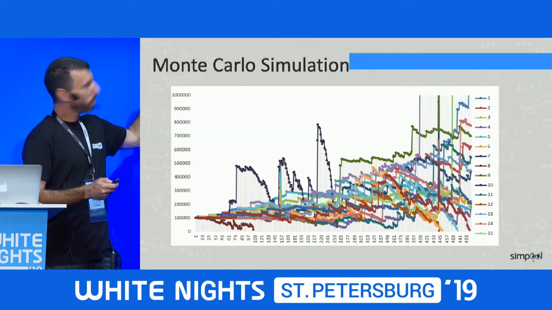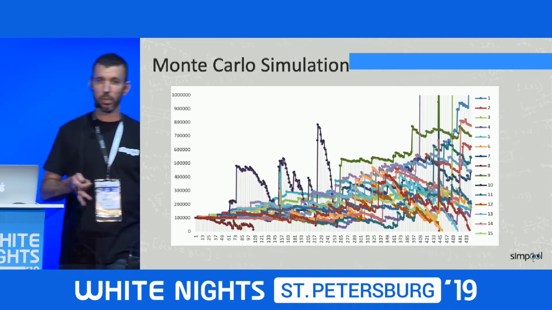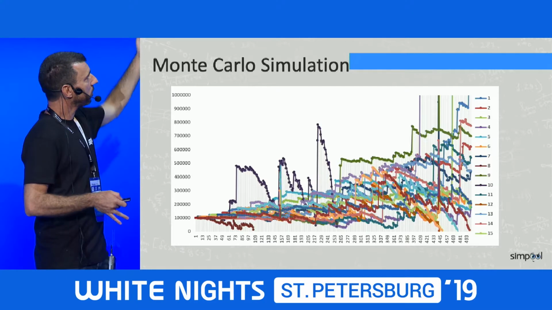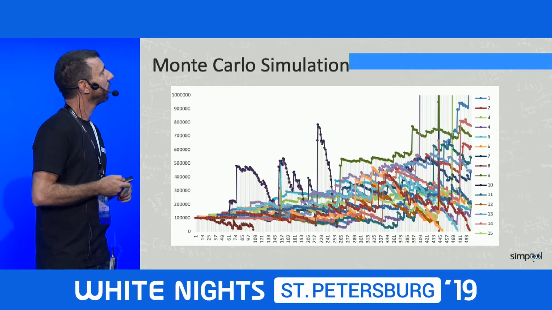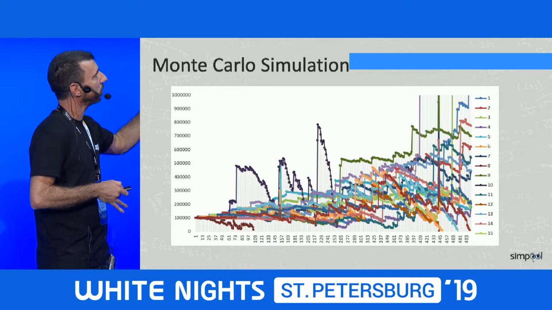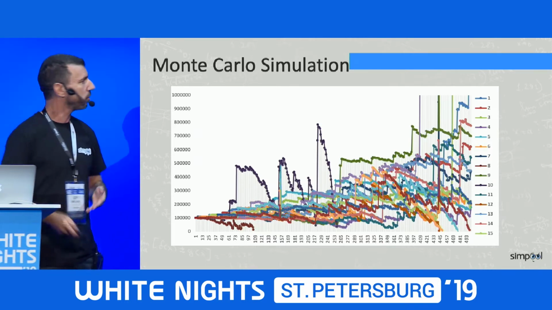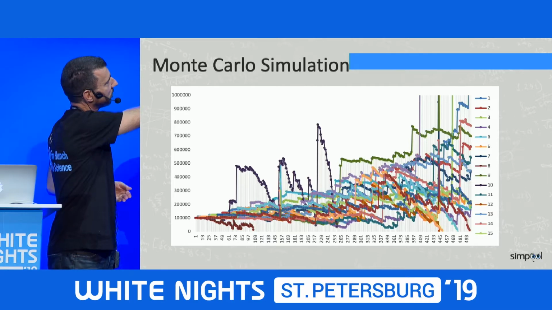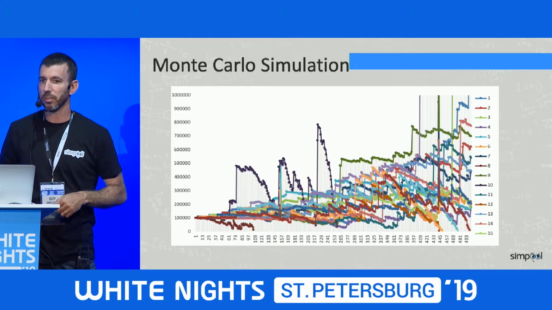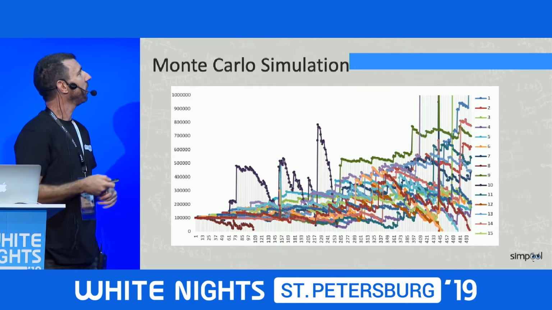Looking at the output, this is the output of a Monte Carlo simulation. This is just a predefined set of users. Each line represents a user. We took a path of hundreds of thousands of users, and the x-axis is the number of actions that users could have been taking inside a game.